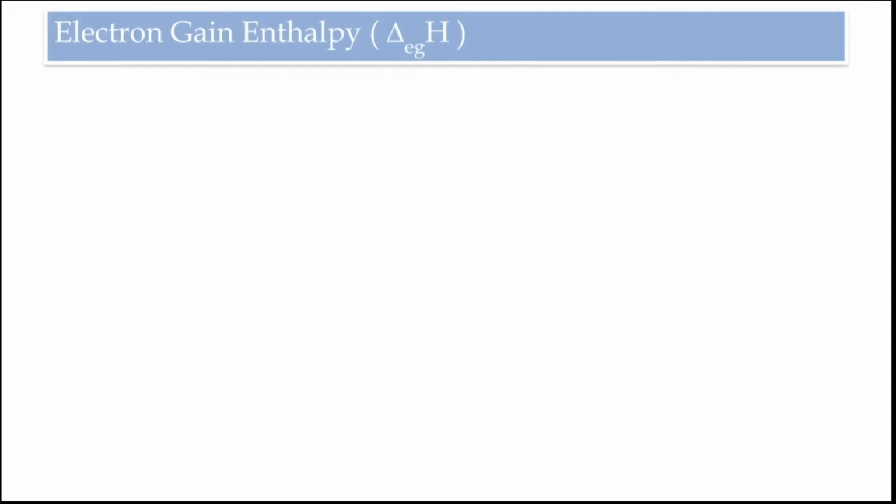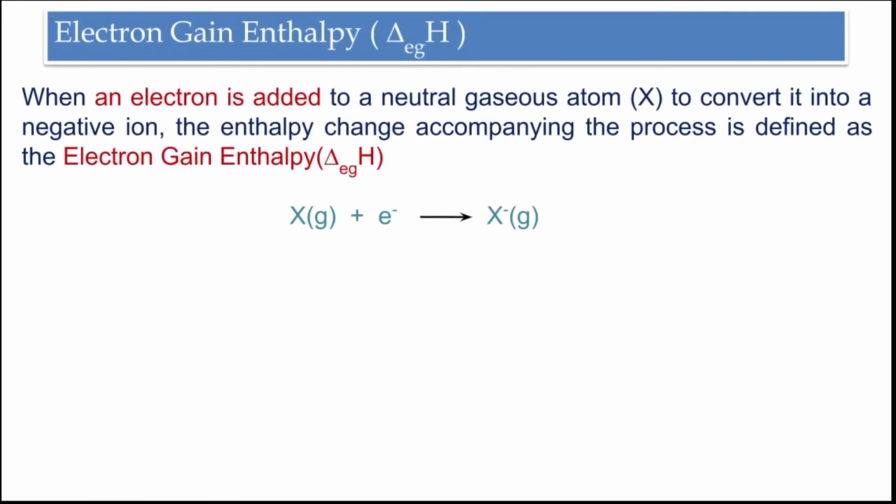Next we shall discuss electron gain enthalpy. When an electron is added to a neutral atom, let us take an example, X is a neutral gaseous atom. To convert it into a negatively charged ion, the enthalpy change accompanying the process is defined as electron gain enthalpy.